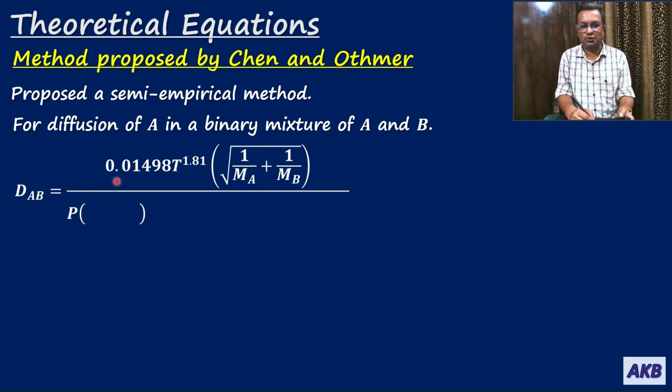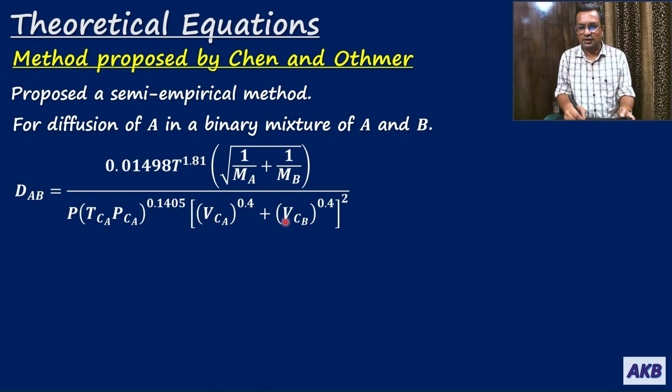DAB is equal to 0.01498 into T raised to 1.81 into under root of 1 upon MA plus 1 upon MB, divided by P into the product of TCA and PCA raised to 0.1405, into VCA raised to 0.4 plus VCB raised to 0.4, and square of this summation.